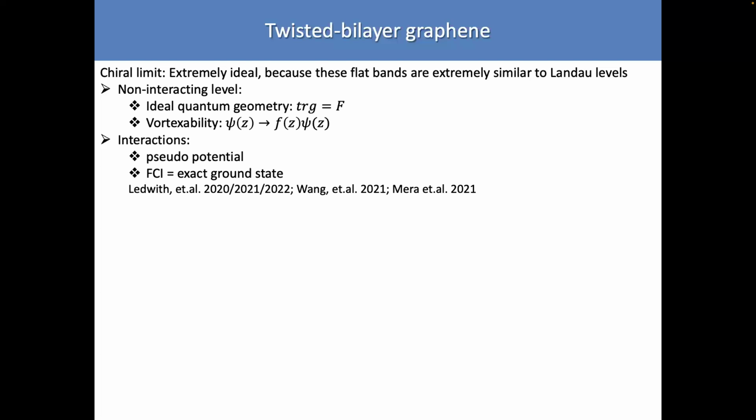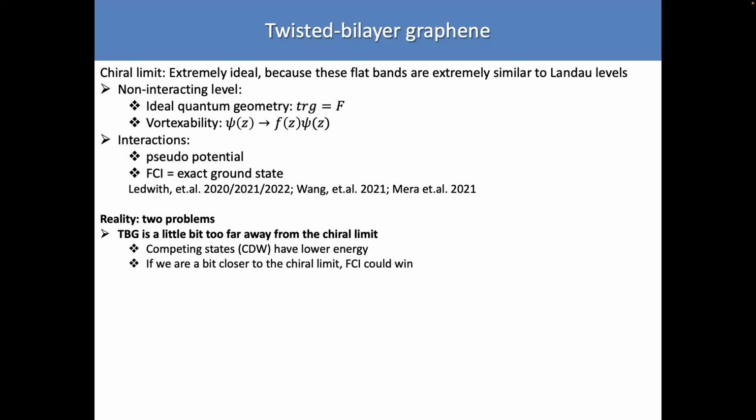And for these flat Chern bands, if we are in the chiral limit, one can prove that we can also define a pseudopotential. And if electron repulsion follows this pseudopotential, then again, this fractional topological state is the exact ground state of the Hamiltonian. Because of this exact knowledge, we know for sure that if we are in the chiral limit, this fractional state definitely will appear. Okay, but what about reality?